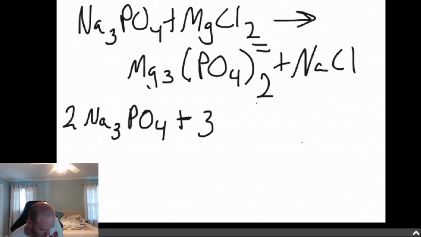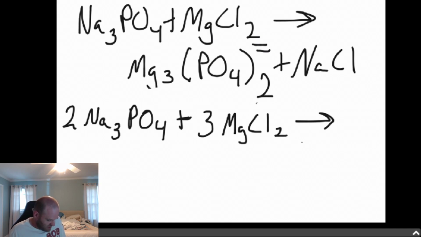Chlorine has 2 chlorines right there. So 3 times 2 would be 6. That would get me up to 6 chlorines. 3 magnesium chloride. Now let's do a yield. On this side, I have Mg3, so it'd take 2 Mg3s to get a total of 6. Well, hold on.